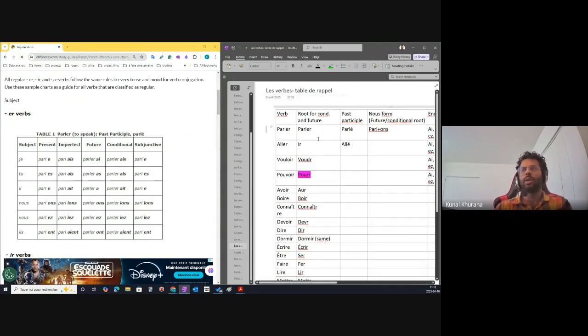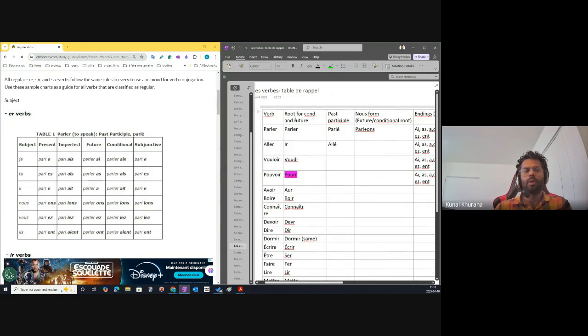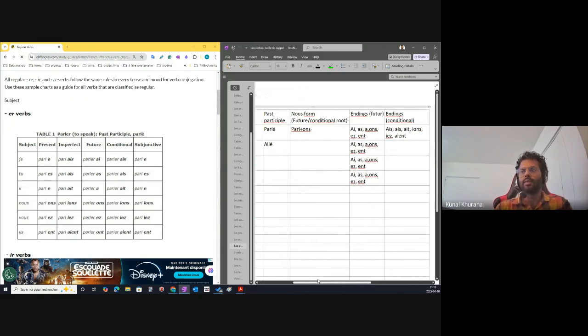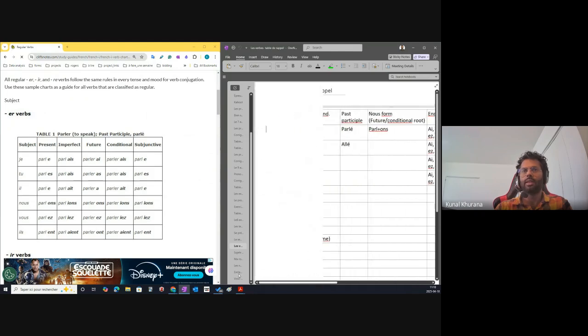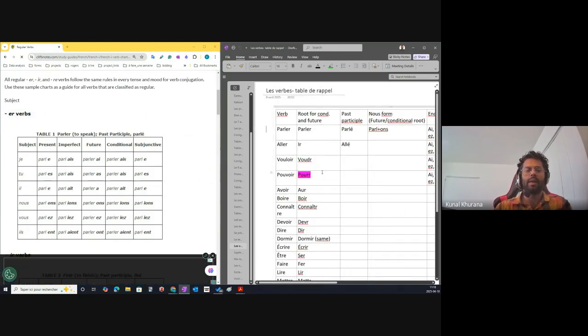Then you write in this table everything, the root for the conditional and the future.